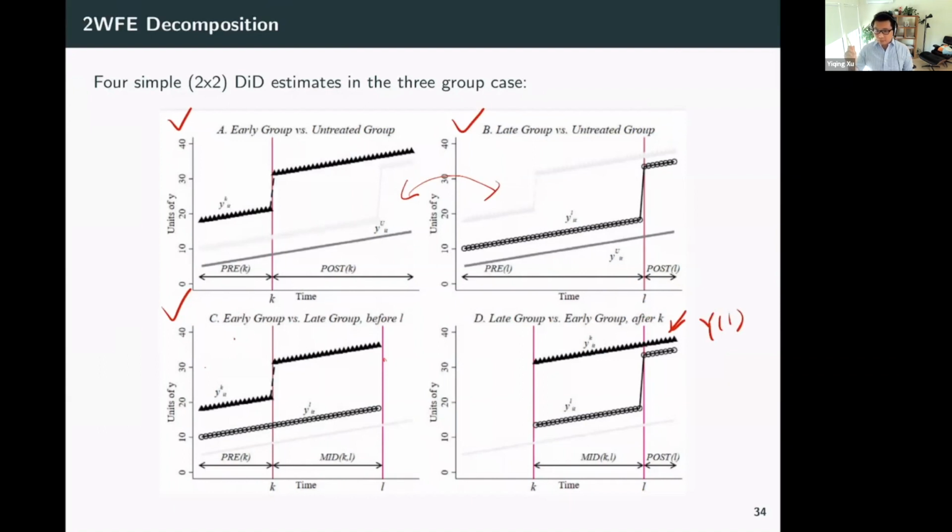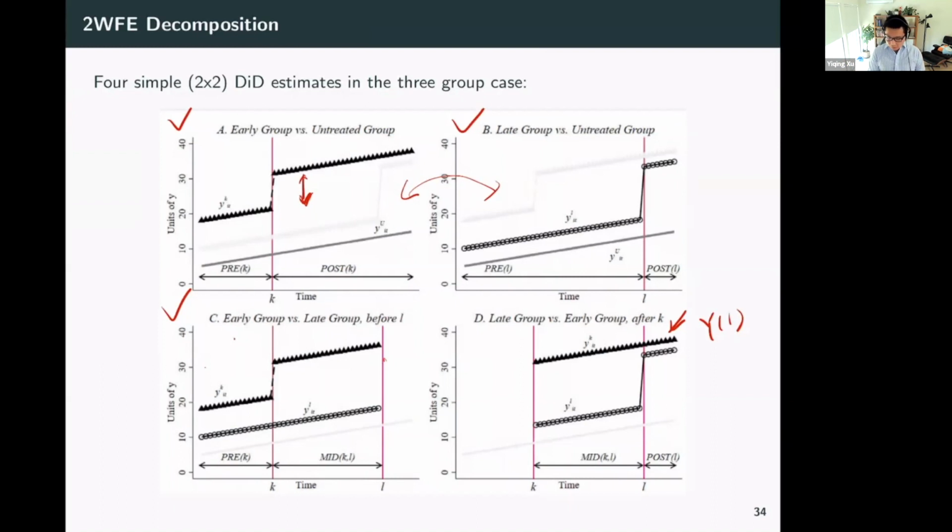You will use the post-treatment data as controls for late adopters. Okay, is that clear? So this is fine if the data follows exactly the two-way fixed effects model, which is you have maybe some time trend. The time trend here is linear or nonlinear, doesn't matter, and you have a constant treatment effect, right?